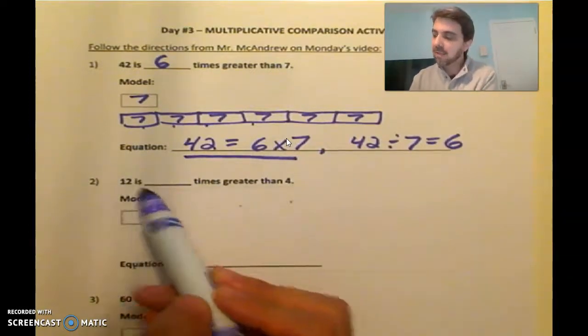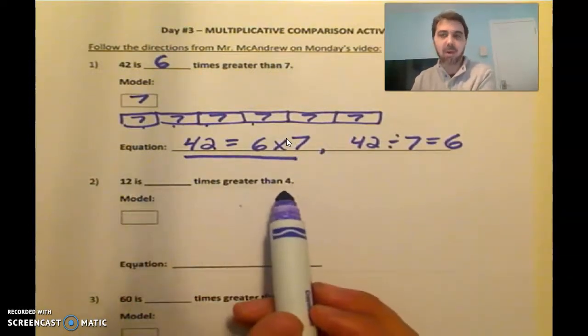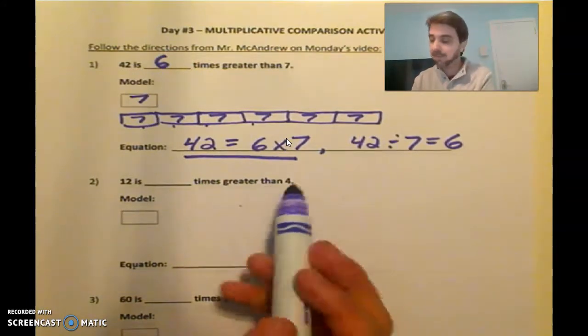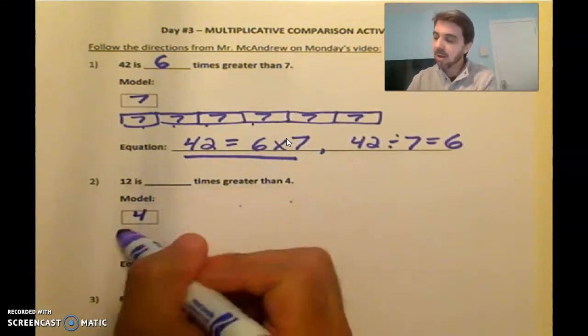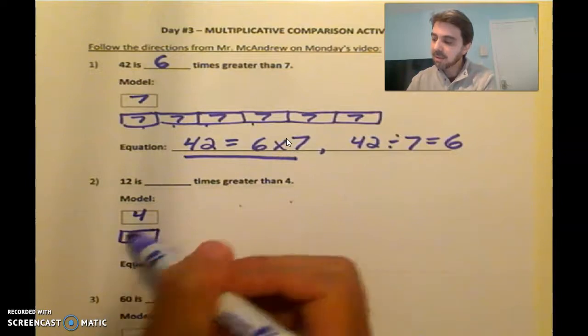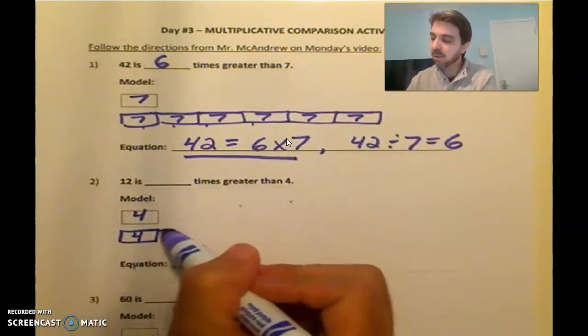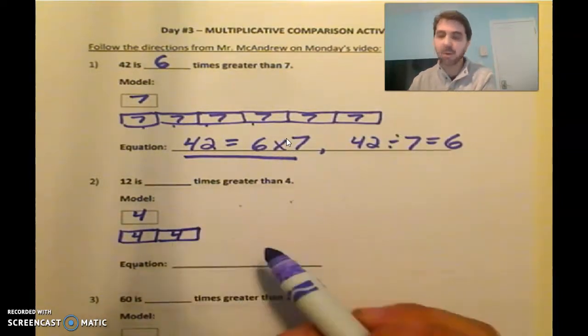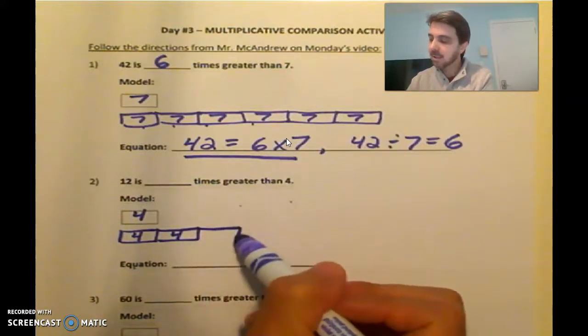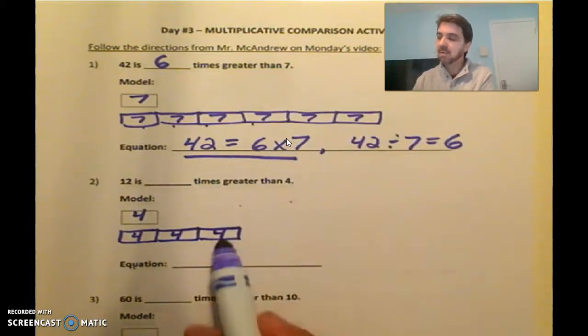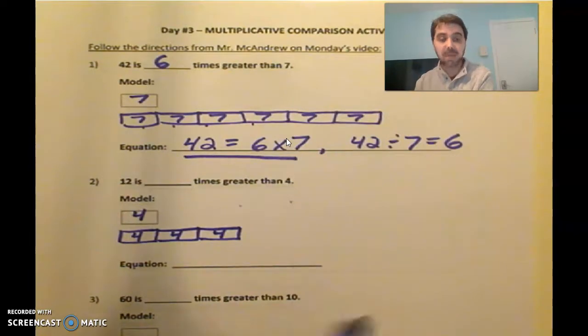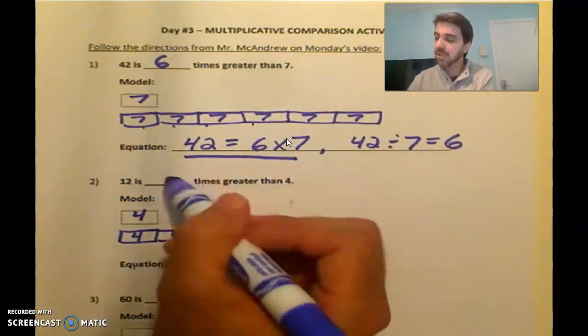So 12 is how many times greater than 4? Some of you might already know that, right? So if this is 4, how many 4s do we need to get to 12? Well, there's 1 4. There's 2 4s. That gives us 8. And that's 3 4s. So that gives us 12. So we're done. So that's 1, 2, 3 times.